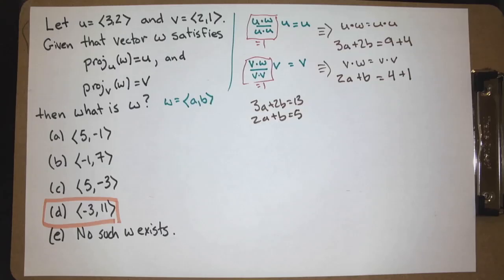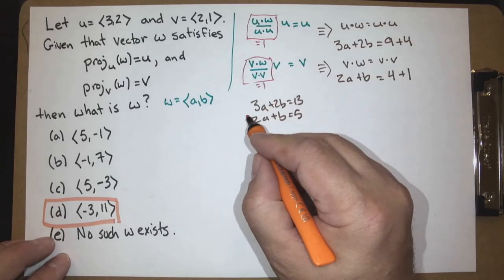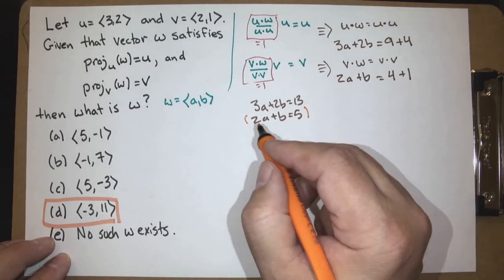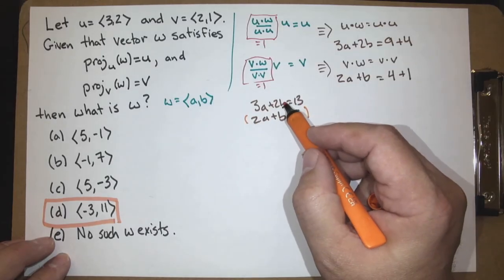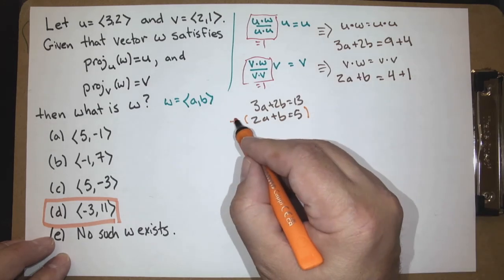Two equations, two unknowns. The bread and butter of calculus, and you'll see that again and again. There are a couple of ways to do this. I like to do elimination. I pick something to eliminate, let's say the B's. I have 2B, so let's multiply the second equation by negative 2.